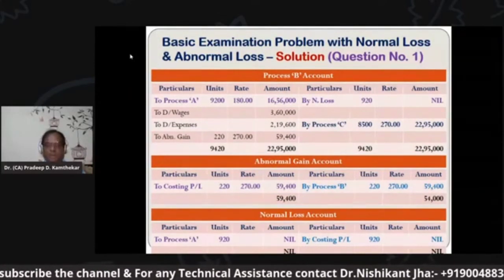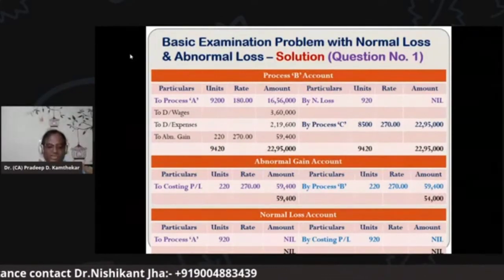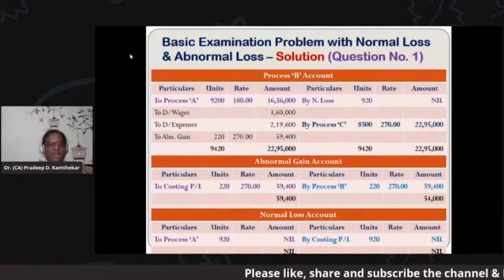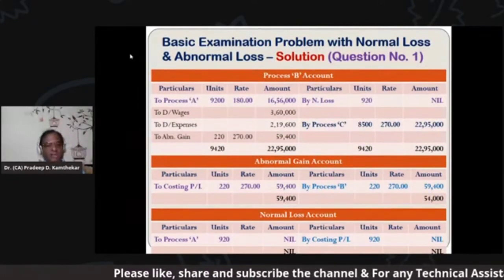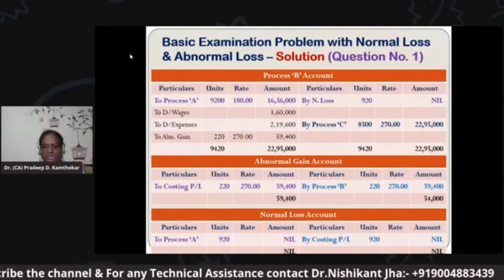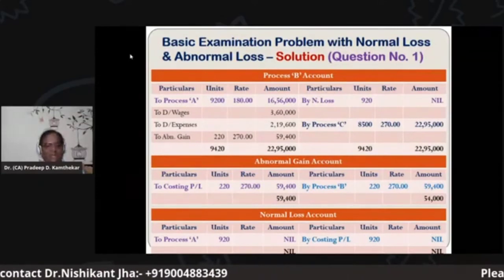Now second effect of normal loss on the debit side, to process A, it is non-saleable, so rate is not given, so nil, and transfer to costing P&L also is nil. Now abnormal gain, it is on the process B account debit side. So on the credit side of abnormal gain, we write by process B, 220 at the rate of 270, 59,400. But you know, this is saving in the normal loss.